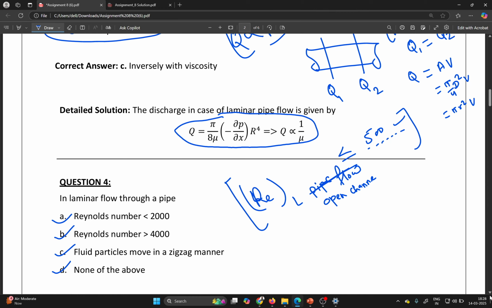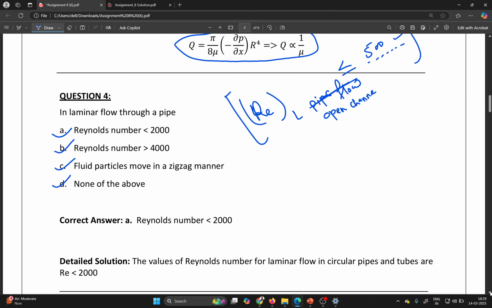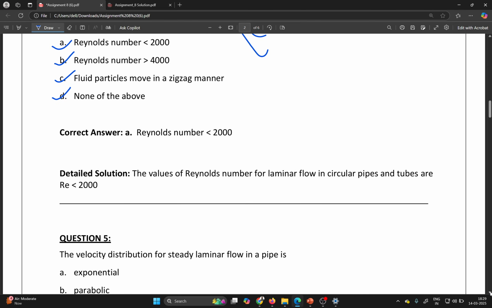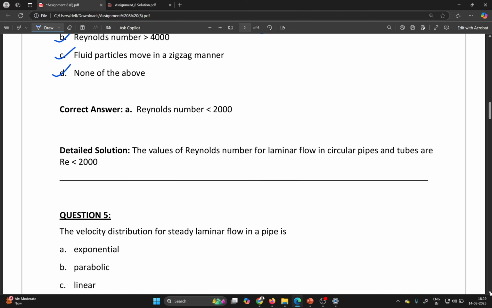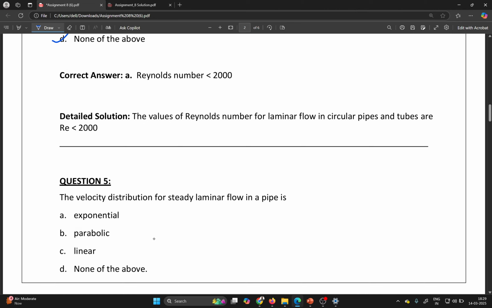The next question is: the velocity distribution for a steady laminar flow in pipe is exponential, parabolic, linear, or none of the above.